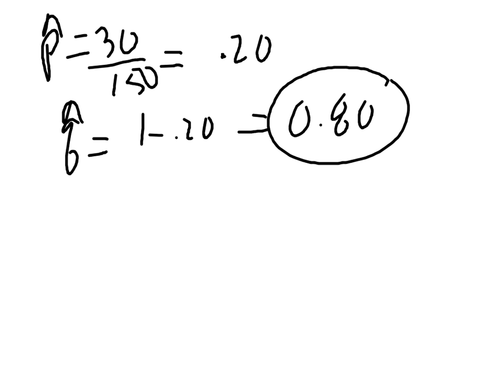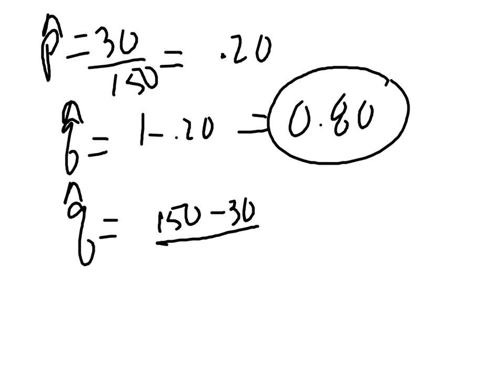Or they have an intermediate formula that says q hat would equal n, which was 150, minus x, which was 30, over our sample size of 150.